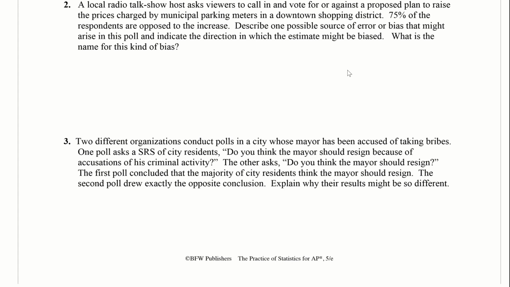And so this is probably going to overestimate the 75%. It's probably an overestimate because of these people that have strong opinions, compared to the average population. And this is voluntary response, because we have people that are responding to an open invitation. They self-select themselves or volunteer to be in the poll, right?